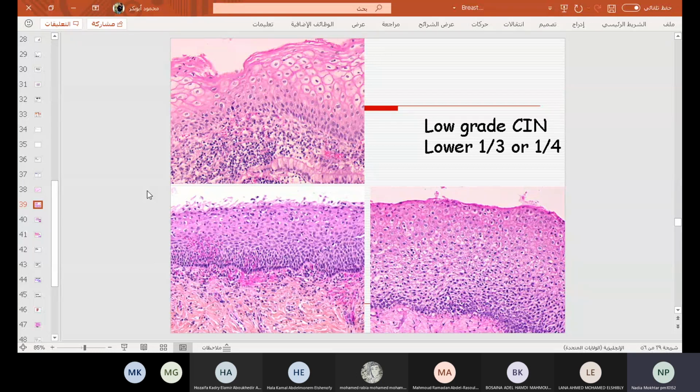So they start with the upper third, and then half of the thickness, this is CIN 2, and the whole thickness, or more than 3/4 of the thickness, this is CIN 3. Low-grade CIN, and then moderate and marked.